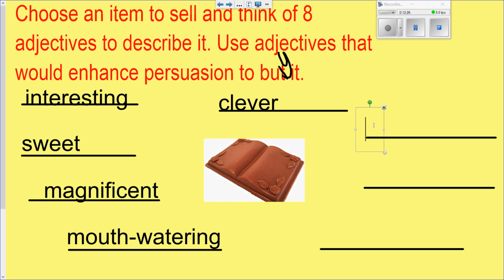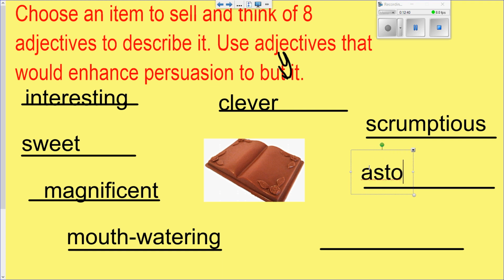Well, I think chocolate is scrumptious. 2 more. Astonishing. I like that one. Remember you can use those adjective mats on the other page, or you can think of some of your own, or look on Google as well.